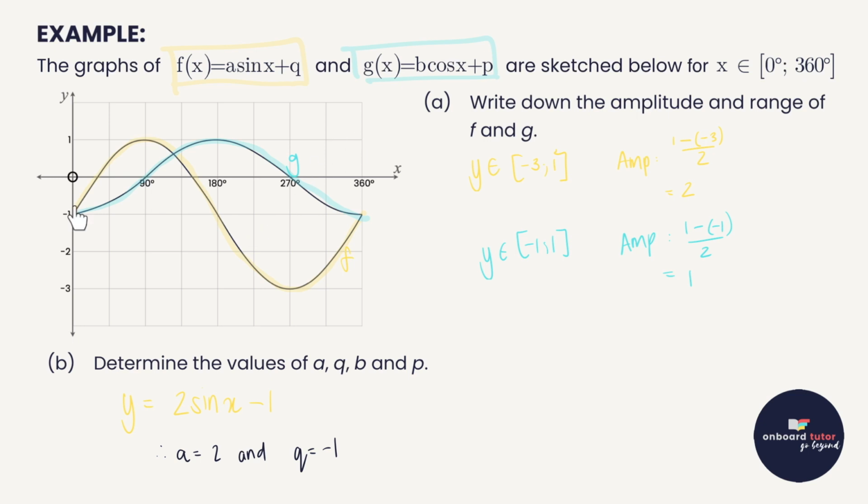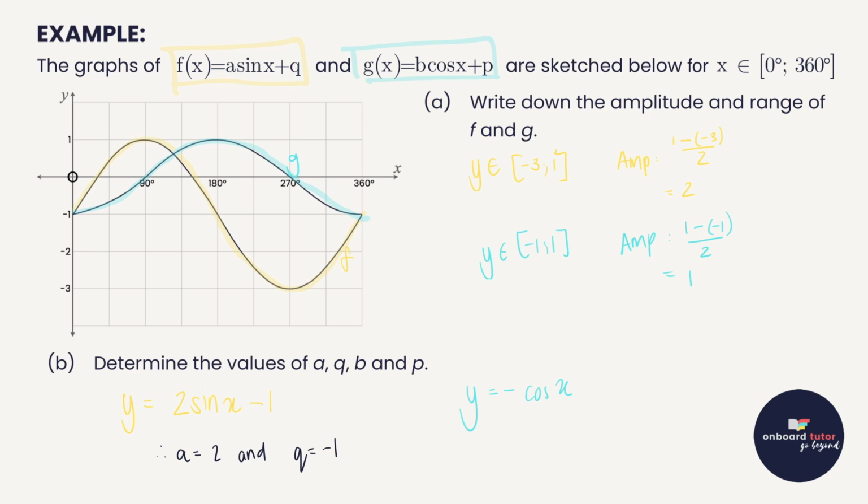Okay, and then for our cos graph, remember what I said, cos is normally a smiley face. So this is a reflection because it's a sad face now. So that's definitely going to be a minus, but the amplitude is 1. So I can say minus 1 cos x, or just minus cos x. And then, let's see, cos normally starts at 1. It's now starting at minus 1, which is a perfect reflection there. So it looks to me like it hasn't shifted at all. The center line is still here on the x-axis.